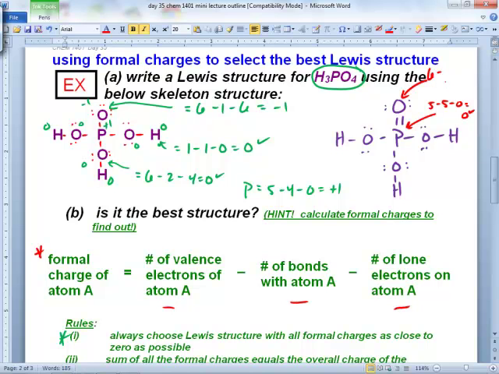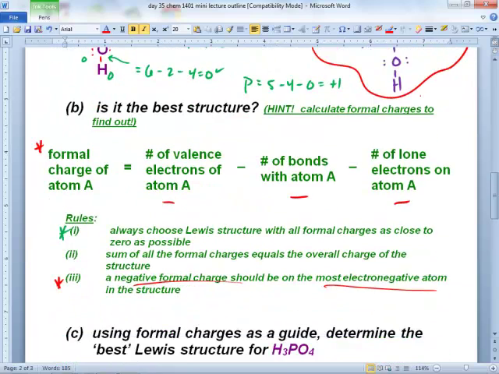Minus number of bonds, 2, minus number of lone electrons, 4. He works. This is how it exists in nature. That's your best answer. It's all zeros. So that's kind of where we're headed.